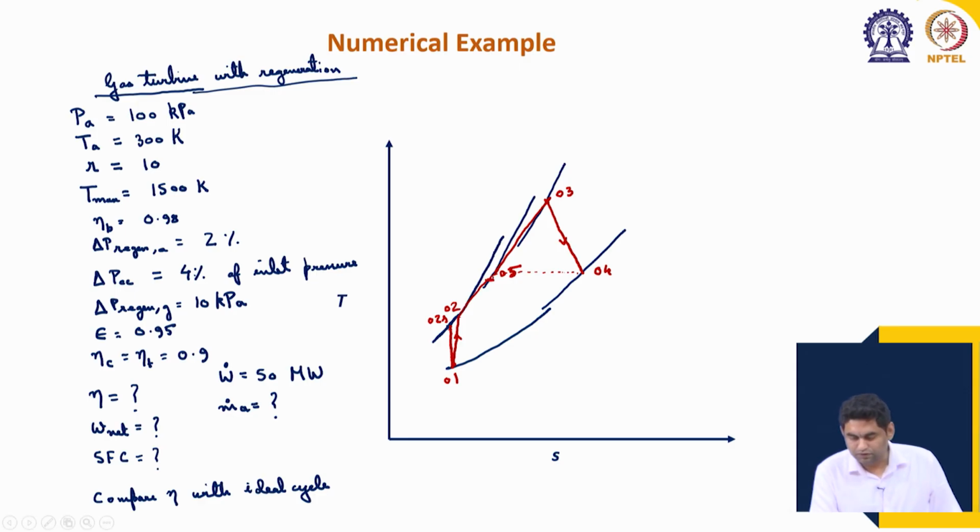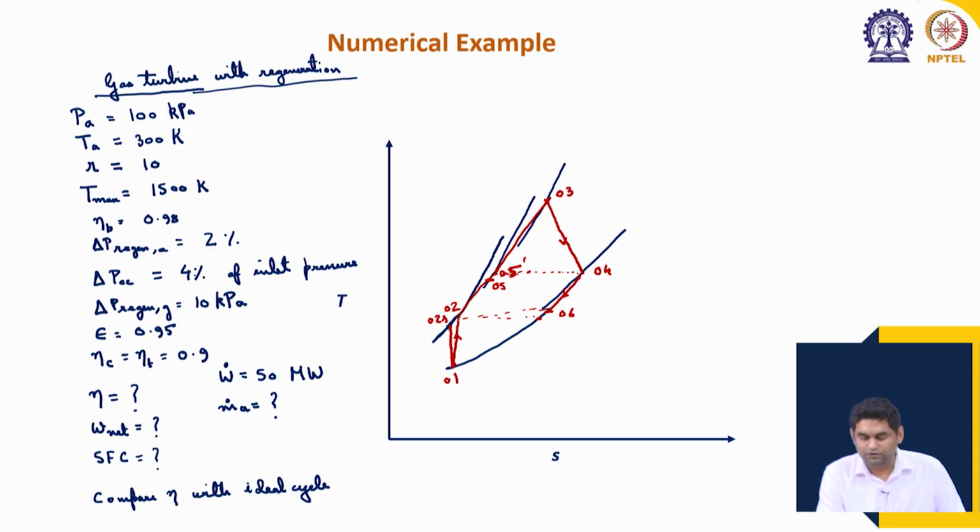This is the point 05, that is 05 dash, 05 dash equal to 04, and similarly this is 06, okay, which is slightly higher than 02. Slightly complex diagram. So, while discussing it, the context will be more clear.